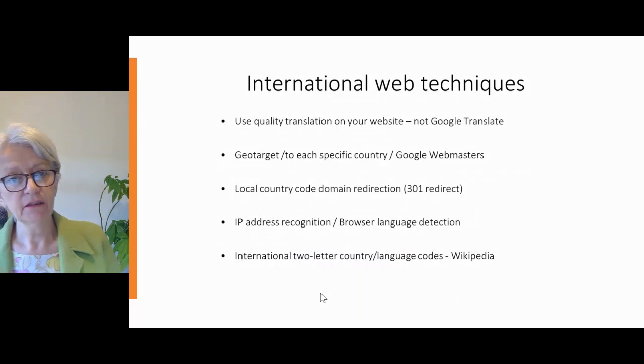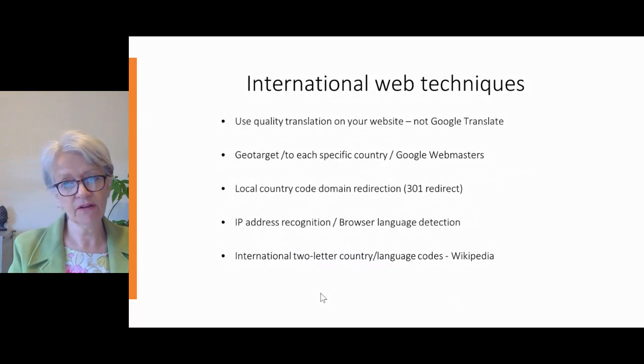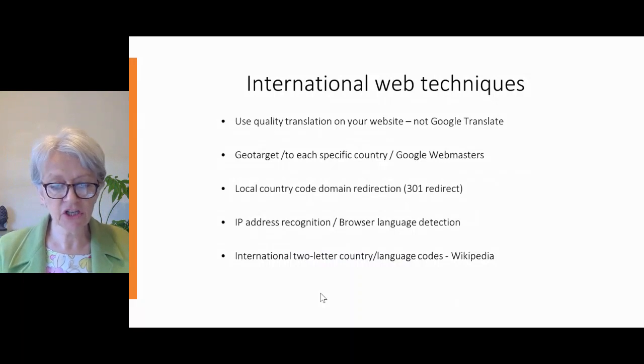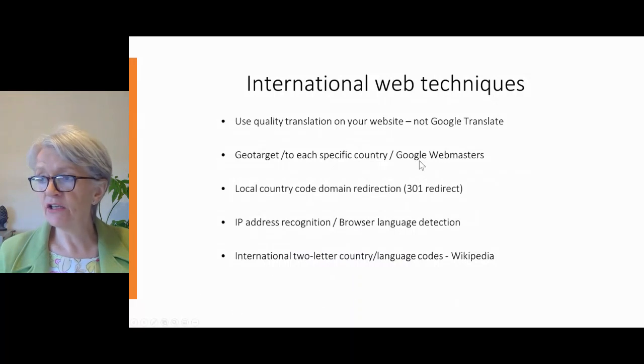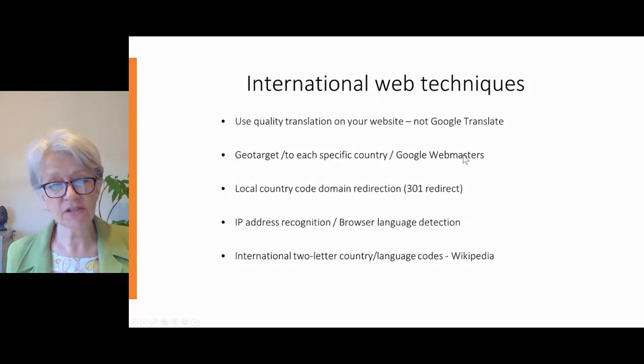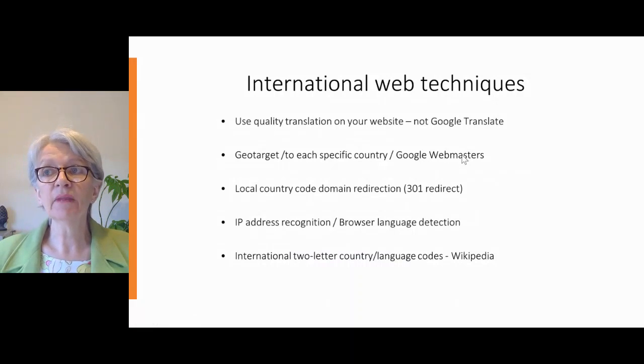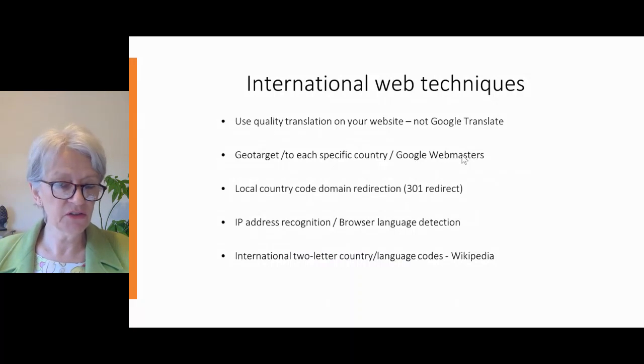Geo-target any country or language pages, whether they're in Global English or whether they are in a local language, to that particular region. And you do that on Google Webmasters, which is now called Google Search Console. In Baidu and other search engines, it is still called Webmasters.